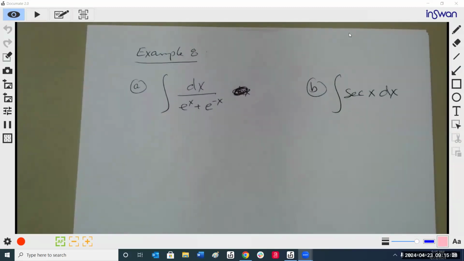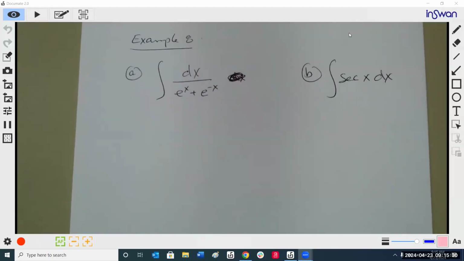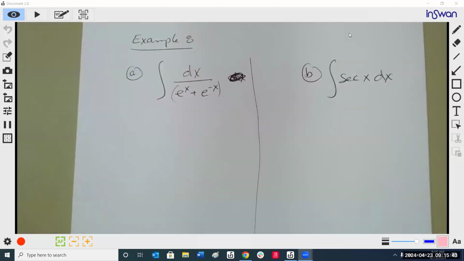So we have our two functions here. Remember, the hint is we may need some algebraic manipulation. We can't split these up because they're in the denominator. If it was on top, it'd be easy.